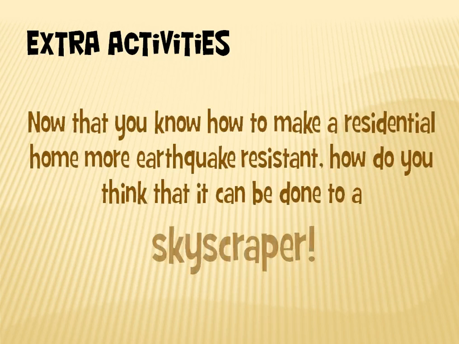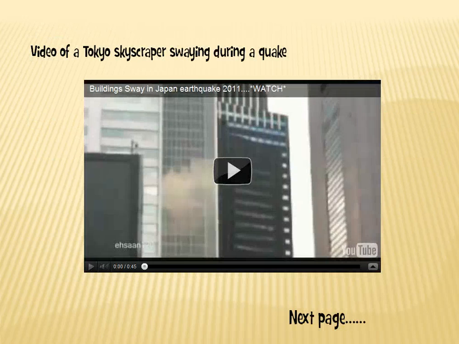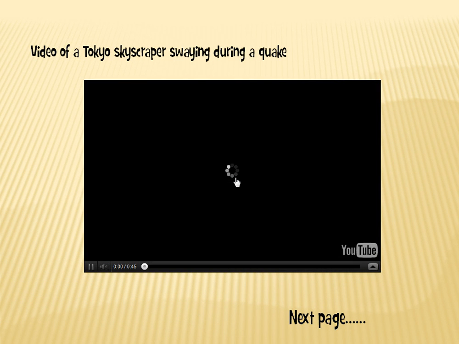Extra activities. Now that you know how to make a residential home more earthquake resistant, how do you think that it can be done to a skyscraper? Here's a video of a Tokyo skyscraper swaying during a quake.